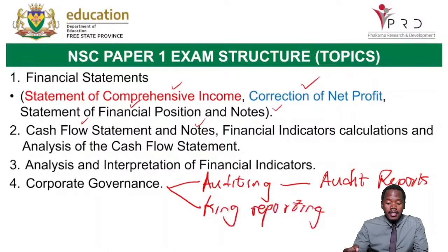Right, in our next lesson, we are going to try and tackle analysis and interpretation of financial indicators together with corporate governance. So we expect to see analysis and interpretation of financial statements as well as the corporate governance.